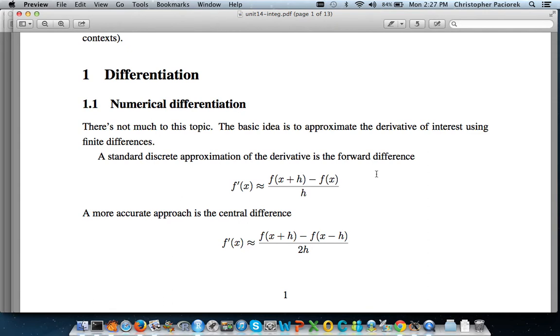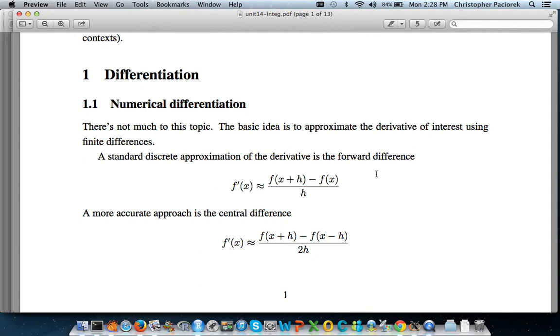If I have some f of x, the most naive thing you could do, but one that would actually work fairly well, is to say, okay, here's x. I want to get the derivative, the gradient of this function at x. So maybe I can take x plus some small number h. I'll go from x over to x plus h, find that point, and draw the secant between those two points.